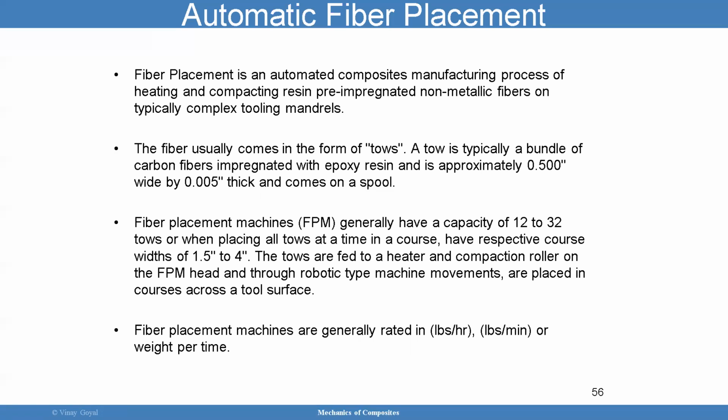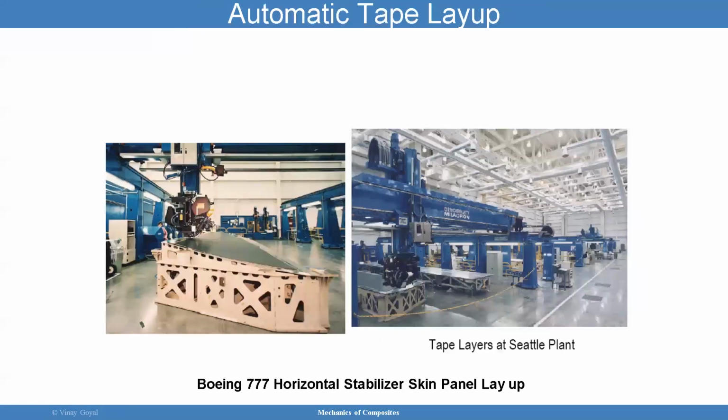And then the robotic machine, the movements of it are the ones that are actually laying the prepreg down. And a lot of these fiber placement machines are going to be rated in terms of how many pounds of composite they can produce per hour, how many pounds per minute it can do. And that's a very critical, important aspect of this.